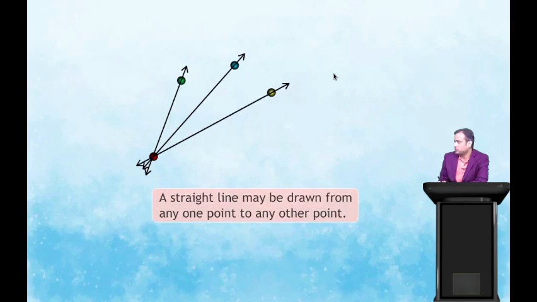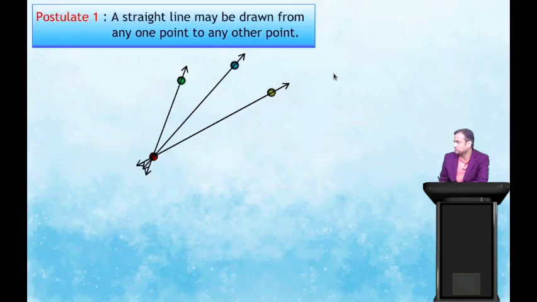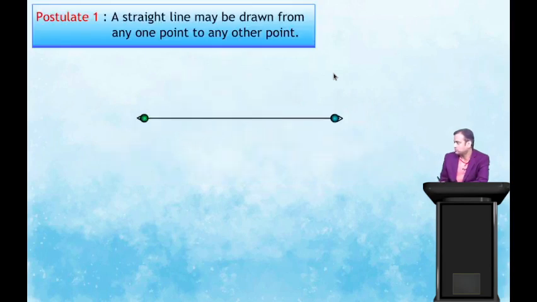A straight line may be drawn from any one point to any other point. If we have to connect 2 points, we will make a straight line which connects them. So this is our postulate 1.